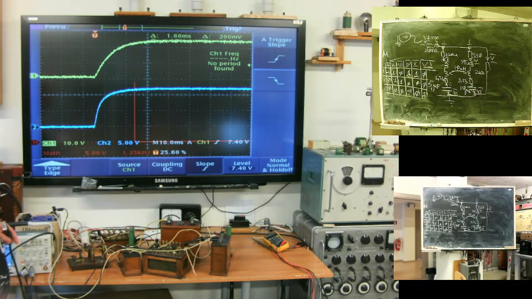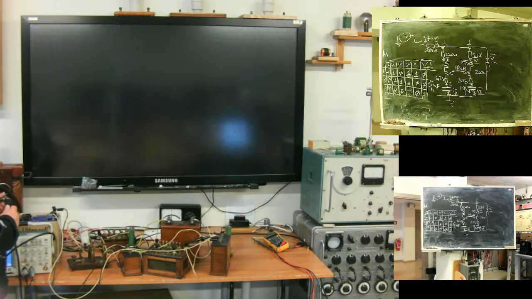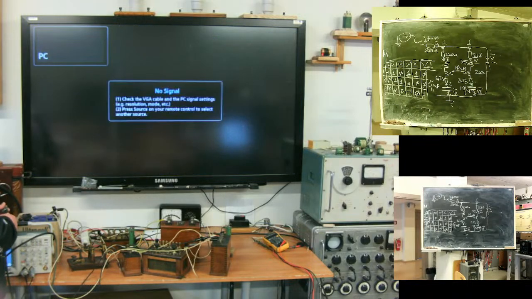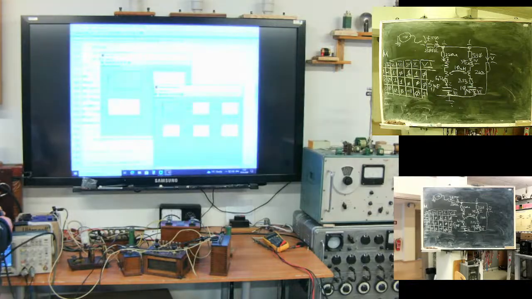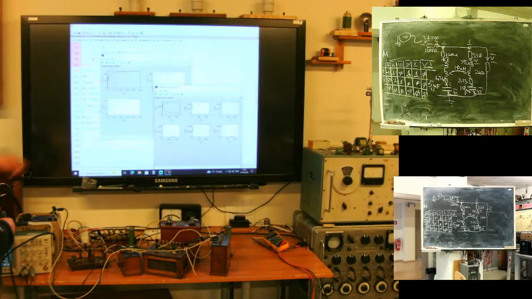Yellow line node 3 and blue line node 2. 2, 3.